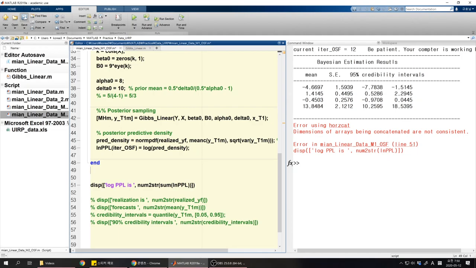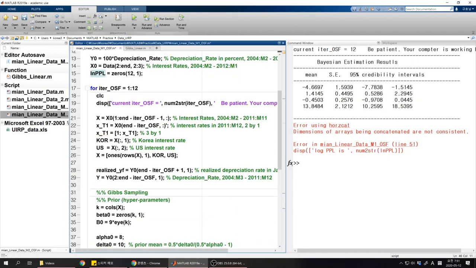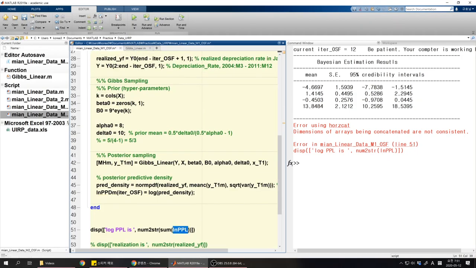So let me define this log ppdm, and log ppl is the sum of log ppdm, right?